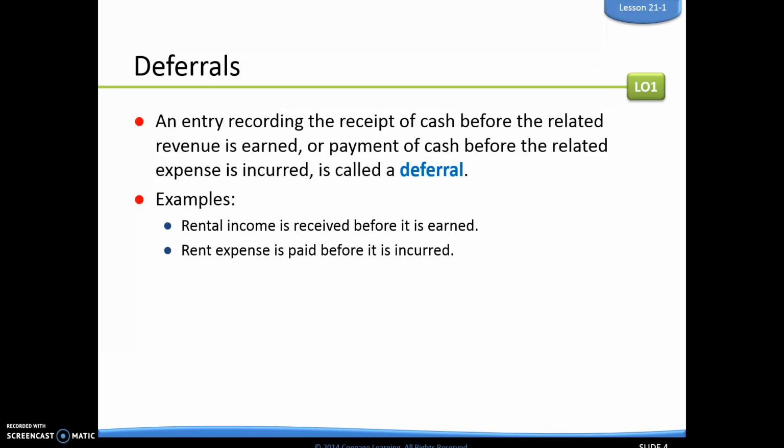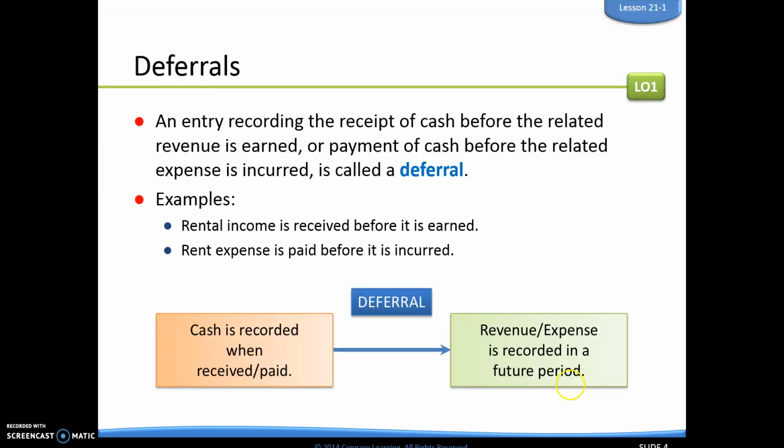Some examples of this is rental income, where you might receive a rent check at the beginning of May, but that income isn't actually earned until that full month passes. So you get paid before the income actually happens. Same thing with the expense. You pay it at the beginning of the month, but it covers the entire month, and we don't record that till the end. So that's called a deferral.